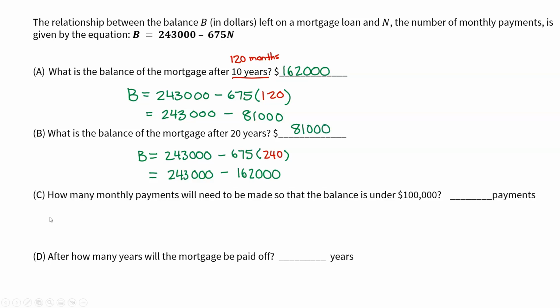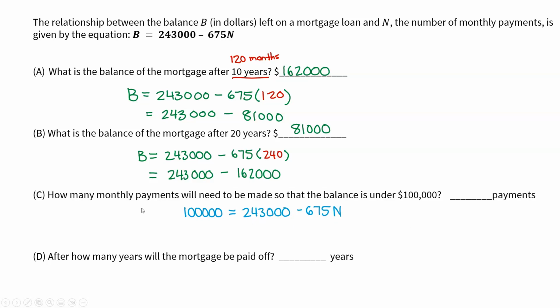Now, at the same time, you've done problems like this in the previous lessons. How many monthly payments will need to be made so that the balance is under $100,000? So you're looking for number of payments now, or basically N. Well, you want to get this under $100,000. So let's see, what will it take to get to $100,000 exactly?